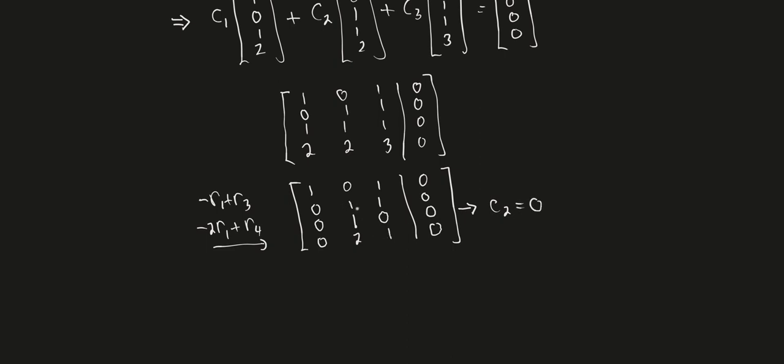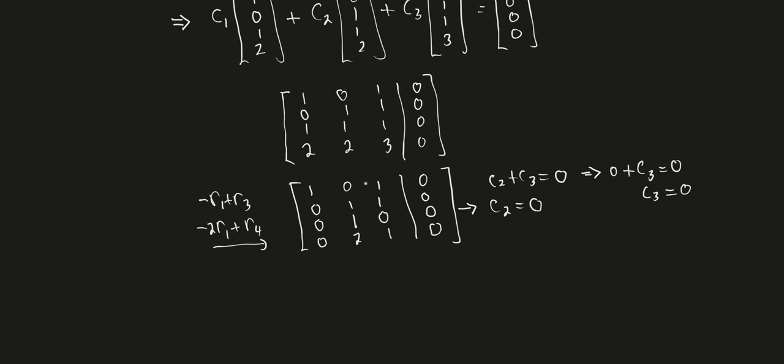So if I plug that now into the second equation, let's say I did my back substitution here, even though this is not in an echelon form, I can start to see what the solution is going to be. So if I go to my second row, this tells me that C2 plus C3 is equal to 0. But if C2 is equal to 0, then this means 0 plus C3 has to be equal to 0. So C3 has to be equal to 0.